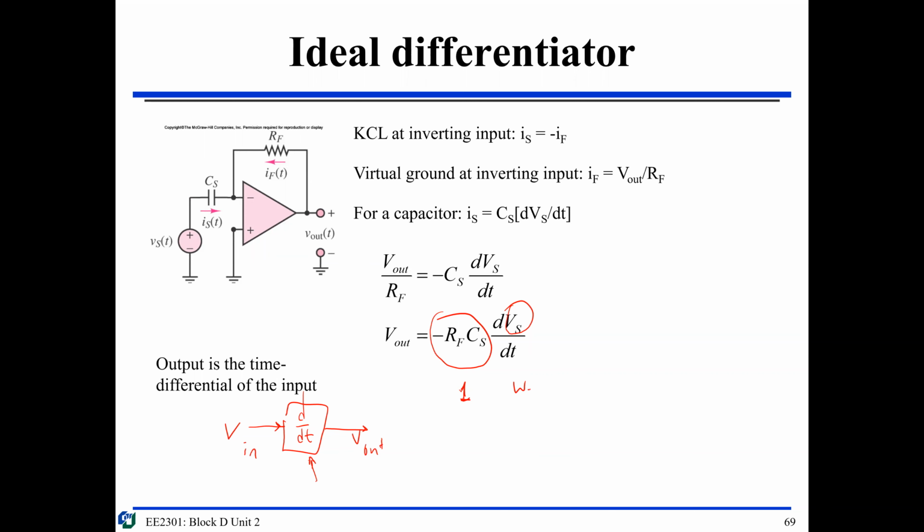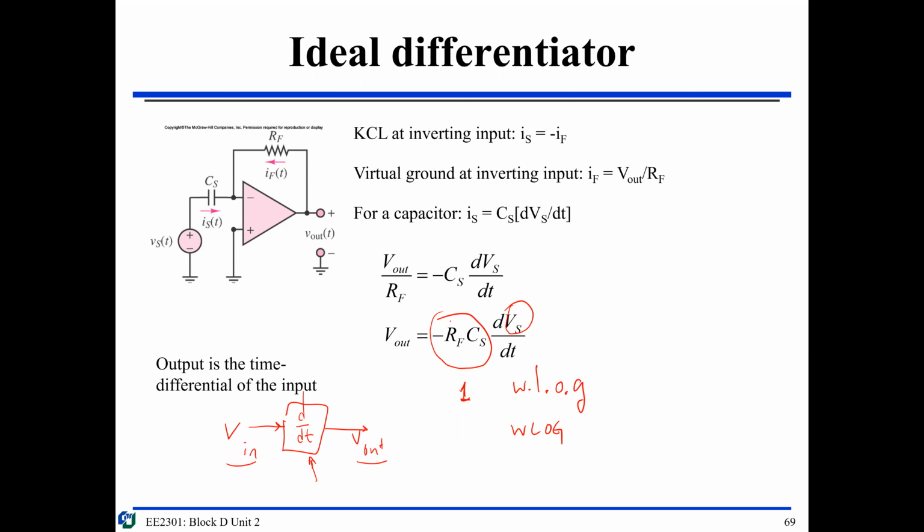Without loss of generality. So basically, ideally, I have V out equals d/dt of V in. You can absorb the minus sign here, multiply by an inverse of this value and you get 1. So that's easy, right?